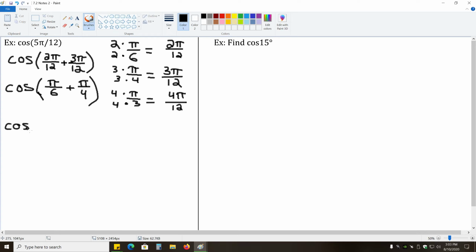Remember, our sum identity for cosine says cosine of, and I'm just going to use x and y for this, cosine of x plus y is equal to cosine x times cosine y minus sine x times sine y.